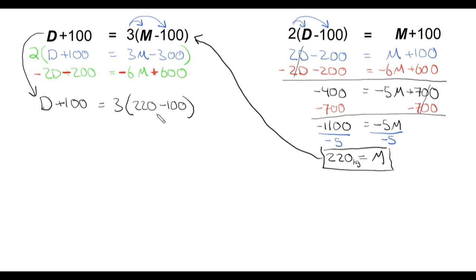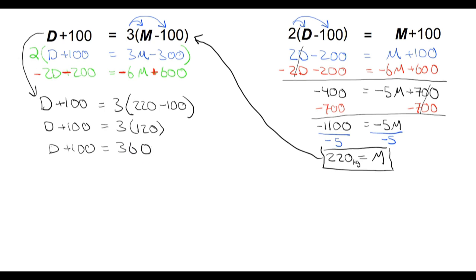So first I can do what's in the parentheses here. 220 minus 100 is 120. So d plus 100 is equal to 3 times 120. So d plus 100 is equal to 360.